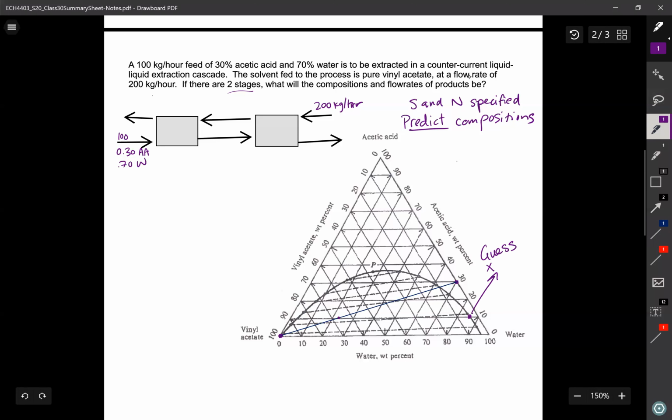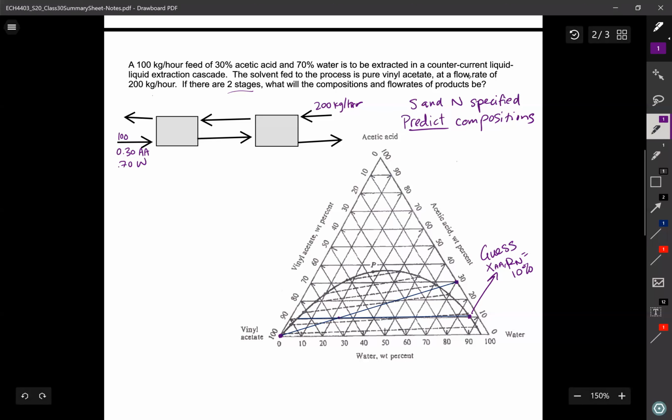And this is X acetic acid in the last raffinate stream is 10%. Now that I have a guess for where Rn is, I can connect it to the mixing line and beyond. And it happens that it's a kind of a straight line straight across, tracking on 10% acetic acid.